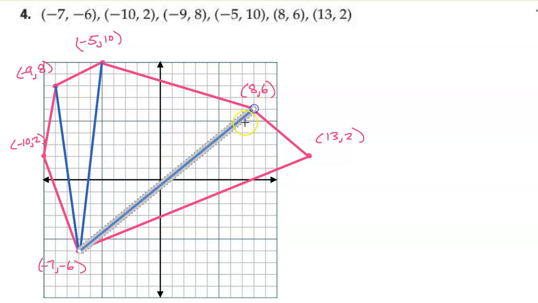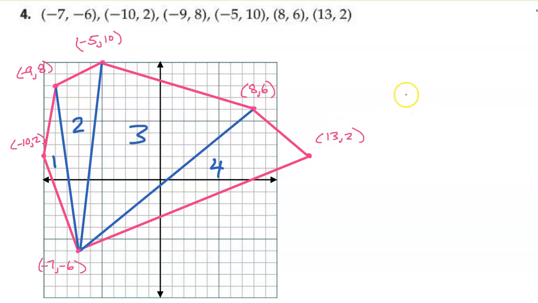And in that way, I've taken my polygon and I have now split it apart into 1, 2, 3, 4 triangles. So basically now we just need to find the area of each triangle and add them up.